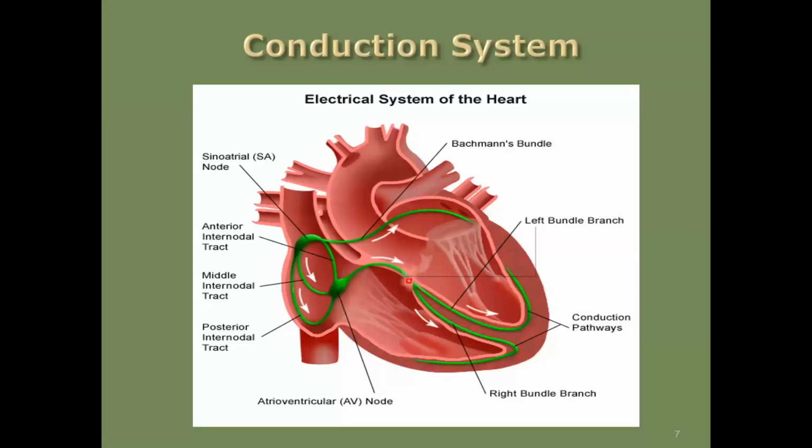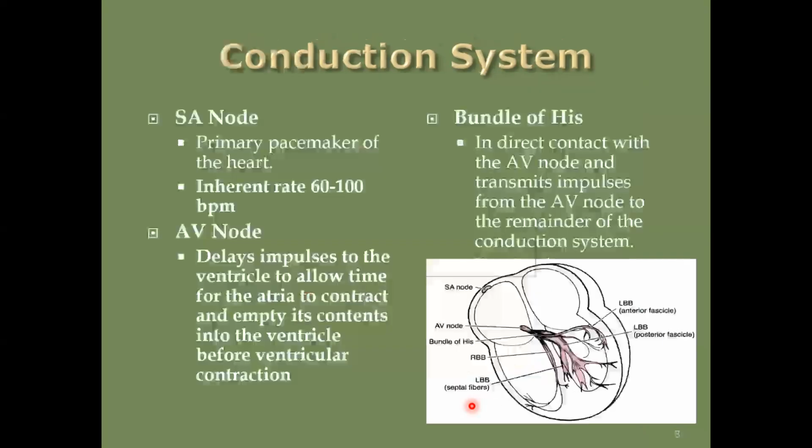Now, the next picture I think has a little bit better picture of the bundles, but here's your bundle of His. This is your right bundle branch, and this just shows one fascicle on the left side of the heart. So what I want to show you down here in this picture is, here's your AV node, and you can see here the difference. This is more drawn anatomically correct.